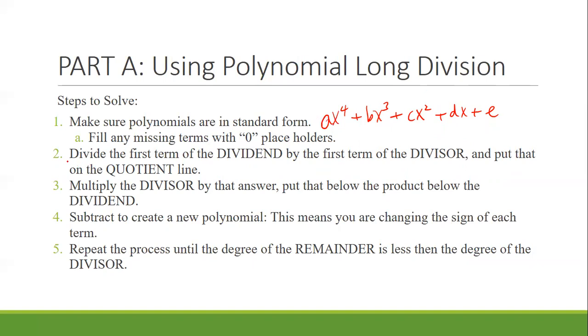So the steps that you're doing are starting off the same. We divide. So we divide the first term of the dividend by the first term of the divisor and put that on our quotient line. We're going to multiply. We multiply the divisor by that answer and put the product below the dividend.